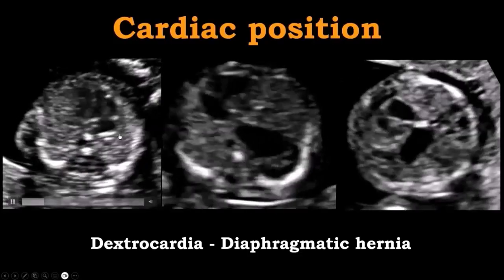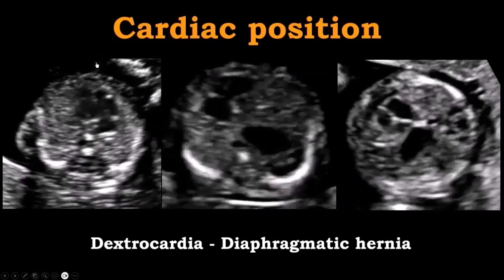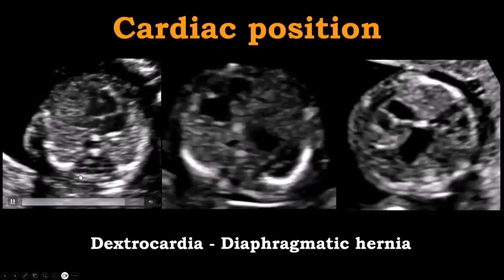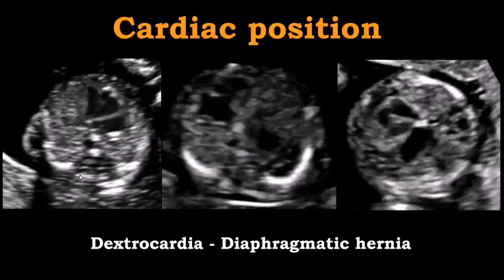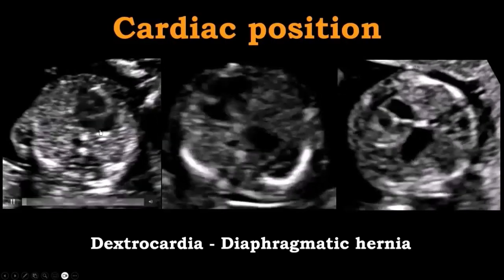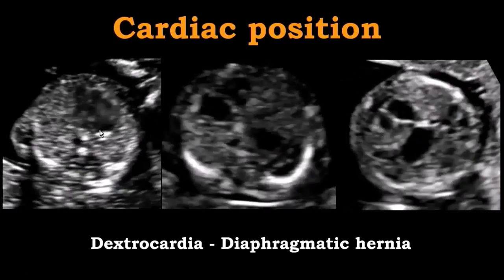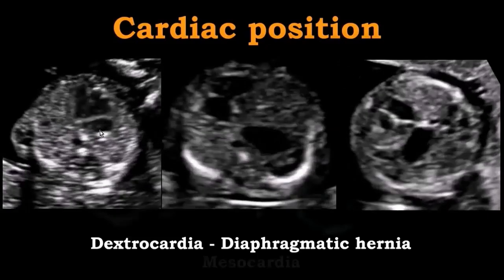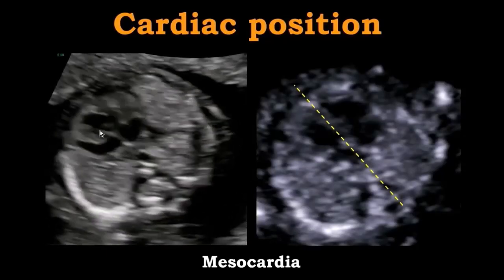So this could be tricky because the stomach is not located within the chest, but if we imagine that line that dissects the chest into two equal halves, we will easily detect that most of the heart is indeed located in the right chest, and that indicates the dextroposition that typically occurs in case of diaphragmatic hernia.